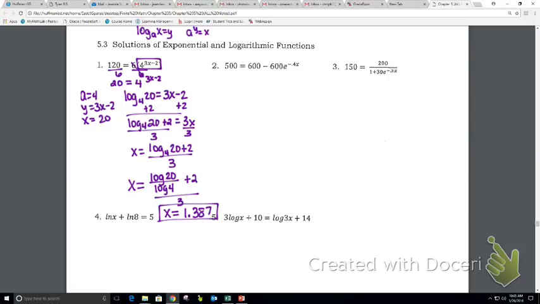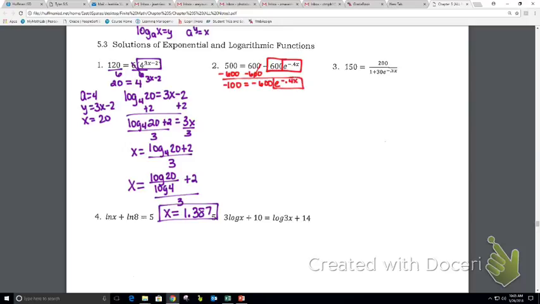What about number 2 there? I've got to get that exponential part by itself. And right now that 600 is attached to it. So how do we move that first 600? Subtract it. So we get negative 100 equals negative 600 e to the negative 0.4x.